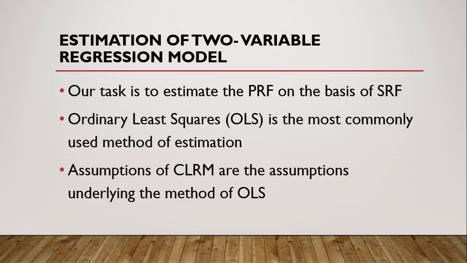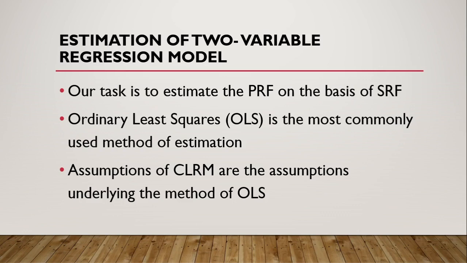This is one of the most commonly used methods of estimation of a regression model, and all the assumptions of the classical linear regression model are the assumptions underlying the ordinary least square method.